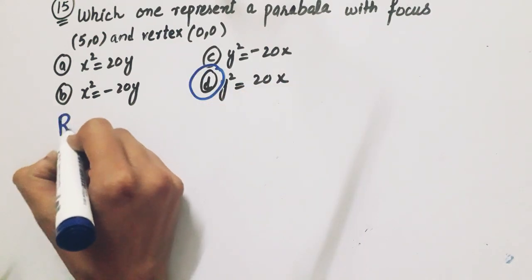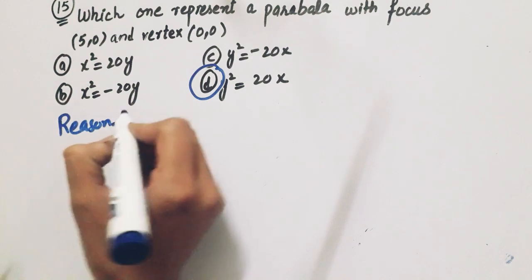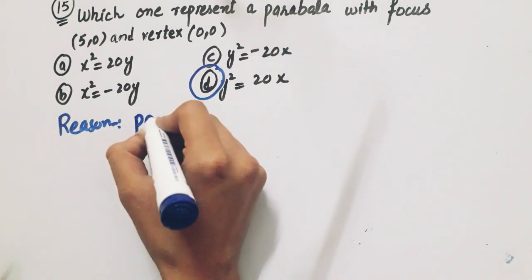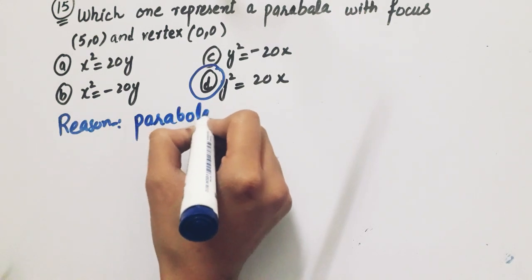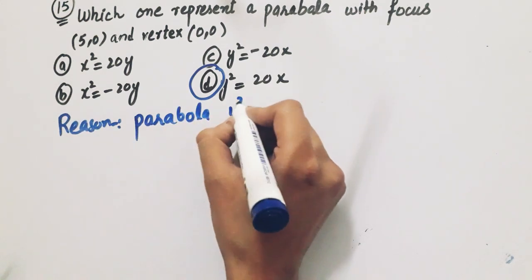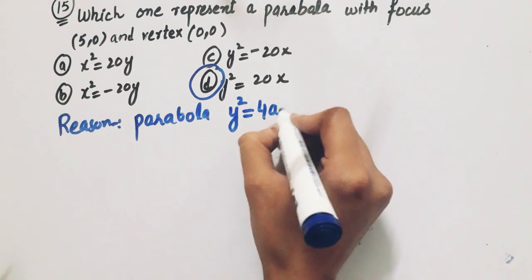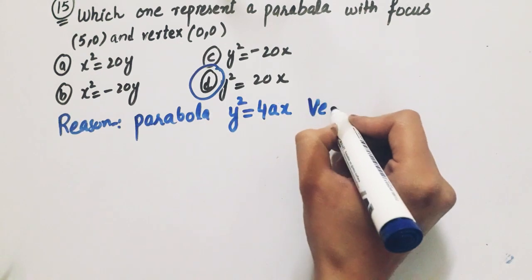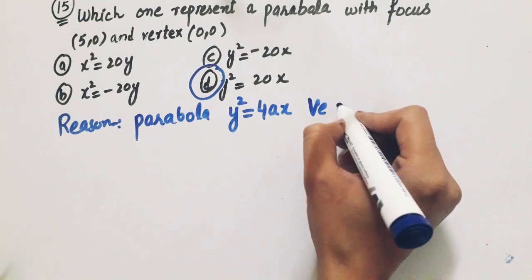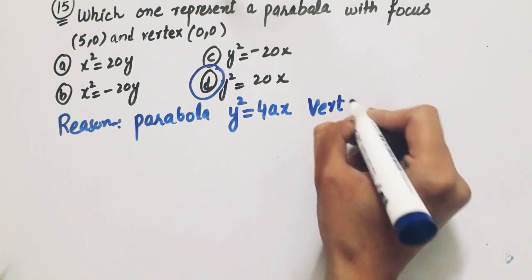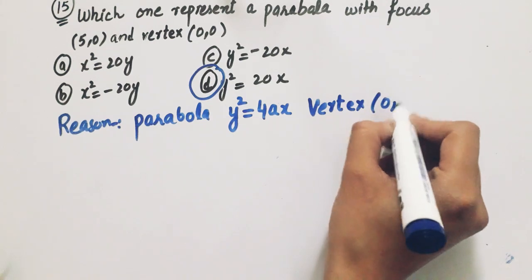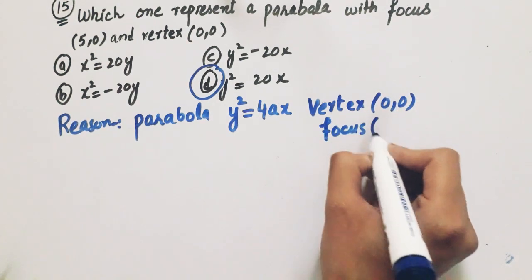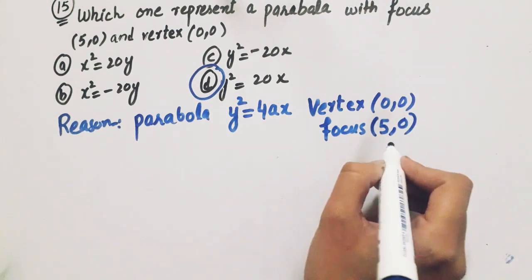And now the reason behind this is, we know that the equation of a parabola is y square is equal to 4ax. Now the vertex will be (0, 0) and the focus is (5, 0).